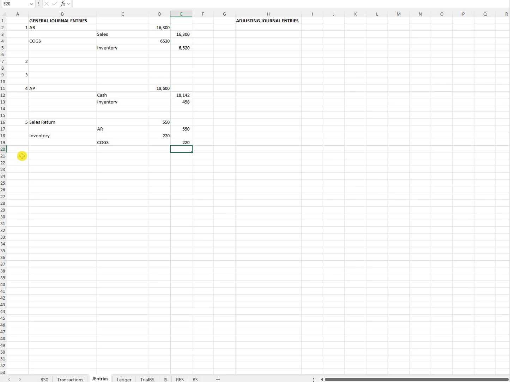So number 8, we're going to increase prepaid rent, which is an asset, and credit cash $8,400.